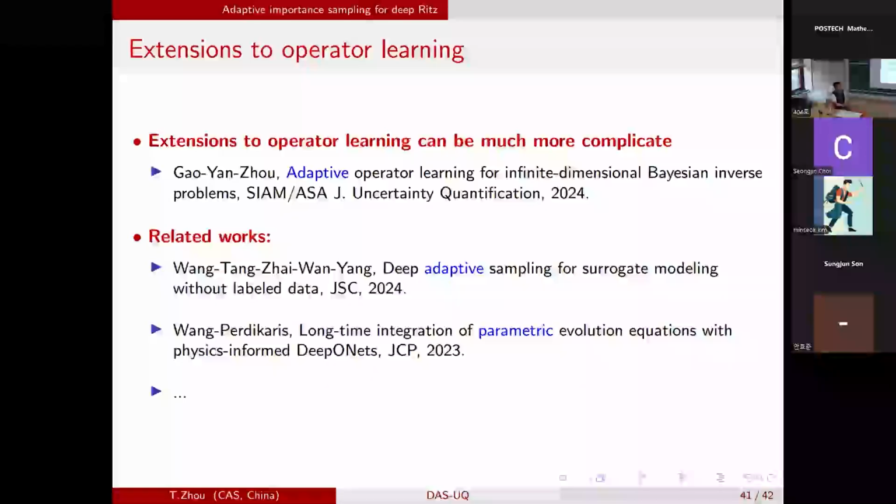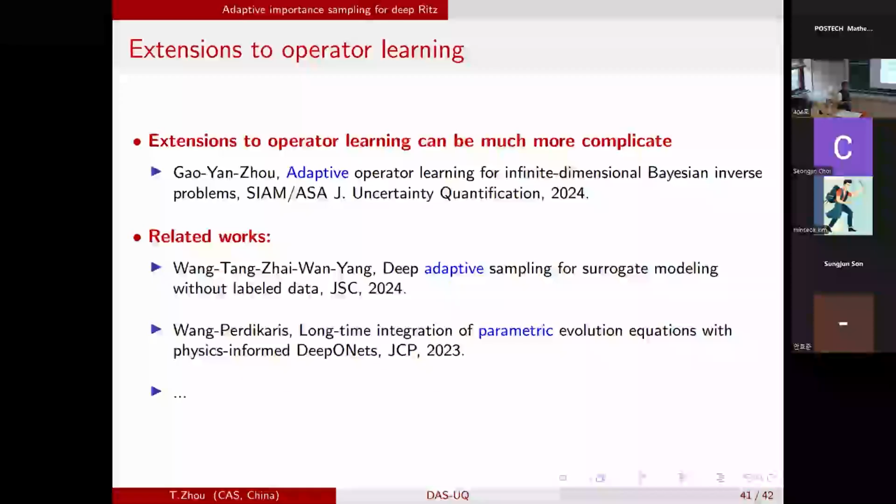They are well-developed classical methods. So the promising idea is to solve some operator learning problems. But in that setting, it's very hard to do adaptivity. That's not like here, where you solve a single PDE and do some adaptivity in the physical domain.